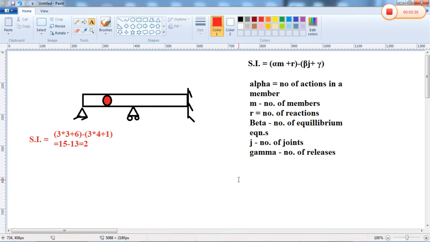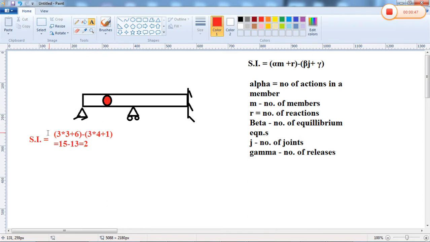Next, if we take the first example here, this is a cantilever here, and there is a roller connection here, then there is an internal hinge here, and this is a hinge here.